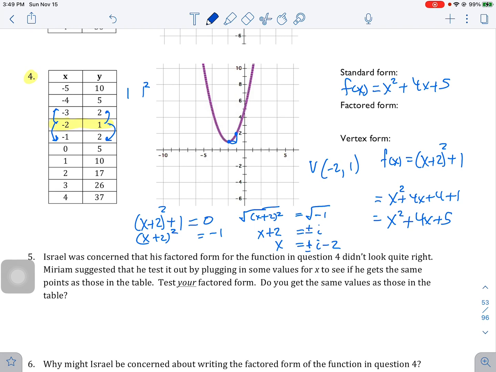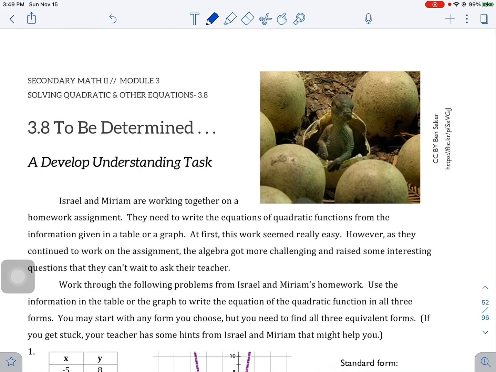So our factored form, since those are the roots, is going to be x minus, let's say, plus i. So we'll say x minus i. And minus negative 2 would give us plus 2.